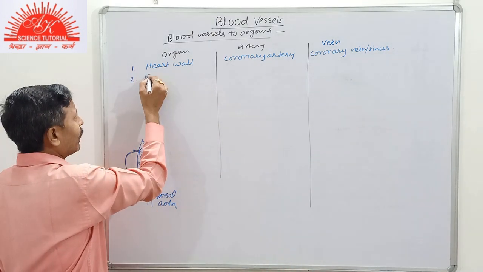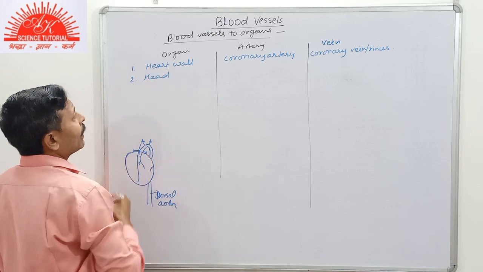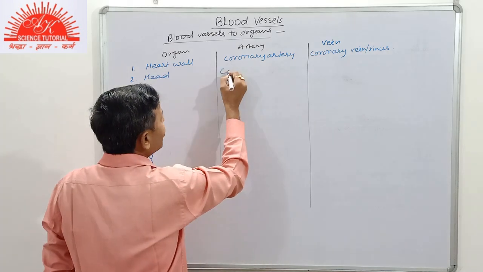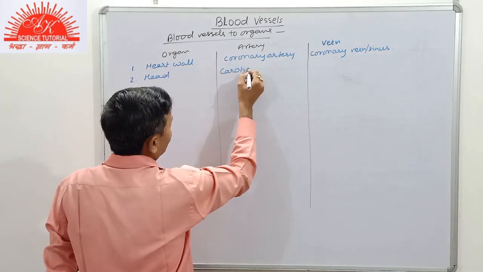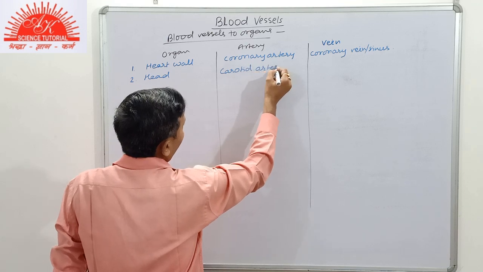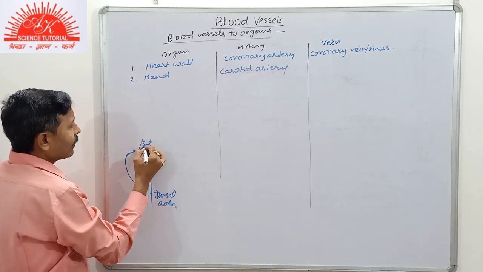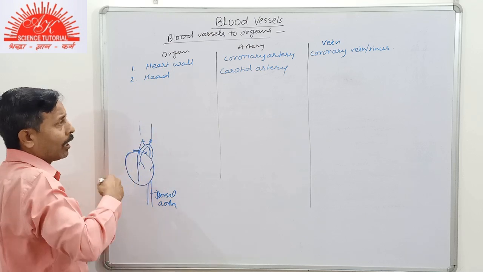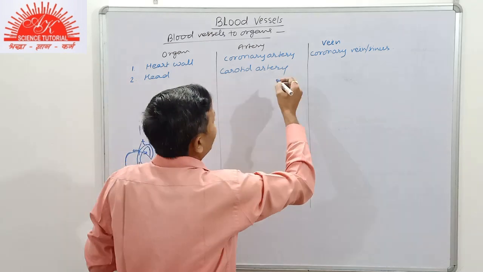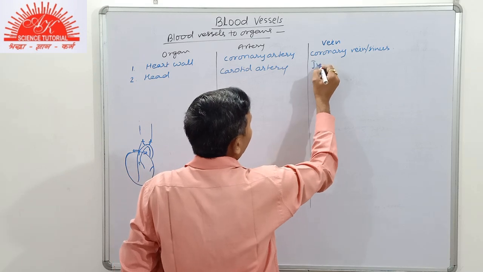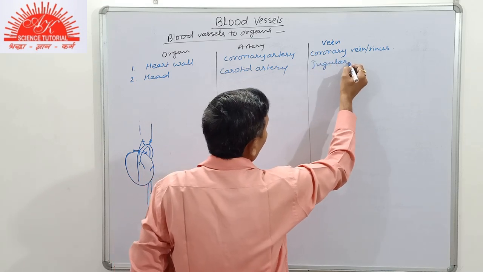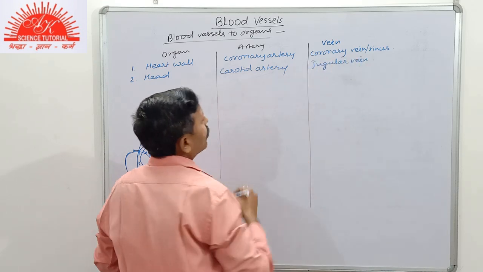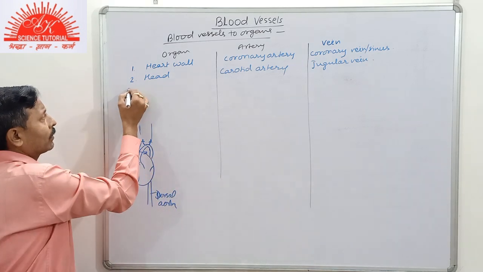Second, the head region: it is the carotid artery. That is, this is the branch taking place here which will go to the different upper parts of the body, the carotid artery to the head, and from here it is the jugular vein that will bring deoxygenated blood from the head.